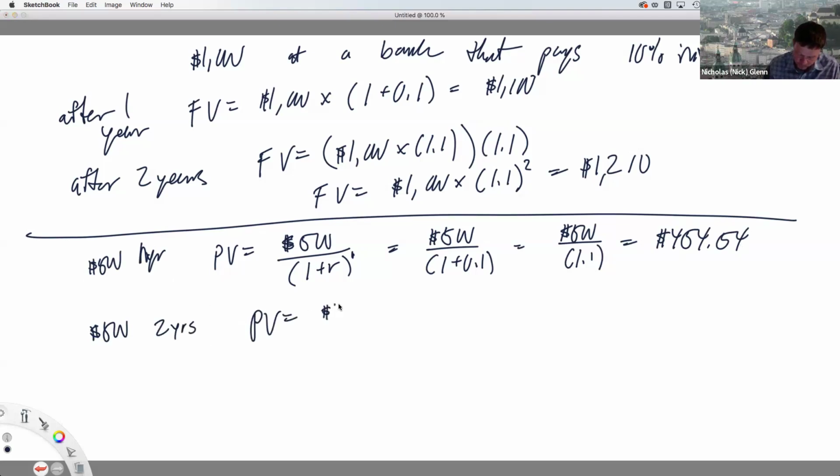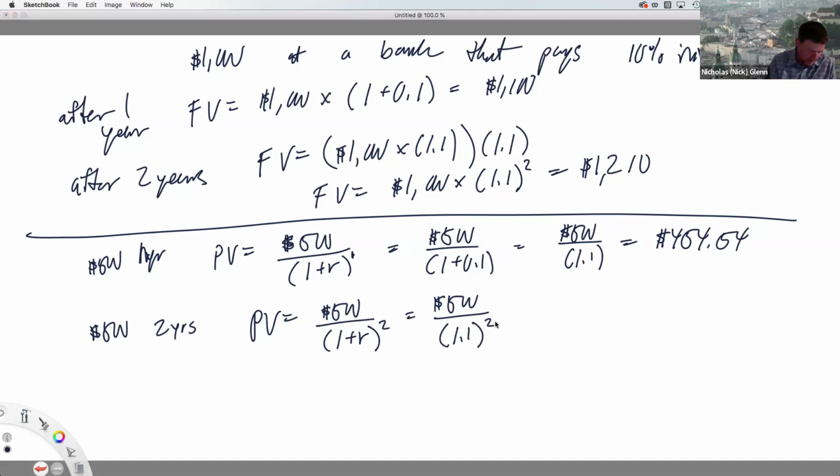Well, you take this $500 and you discount it, 1 plus R to the second. Okay, you got to discount it again here. And so this would be 500 divided by 1.1 raised to the second.